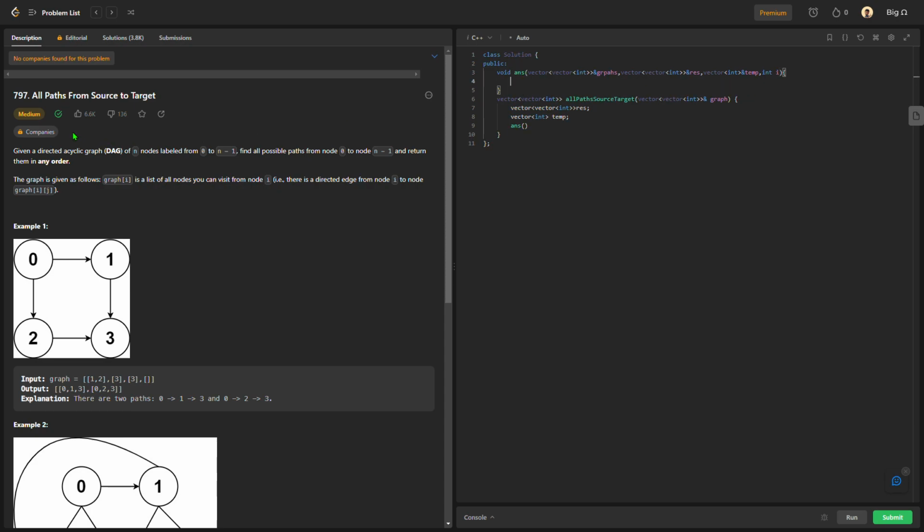Now I know what the base case will be: when we reach our n minus 1th index, we need to stop.